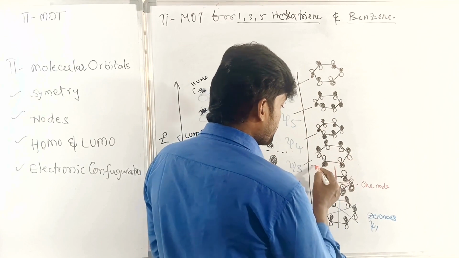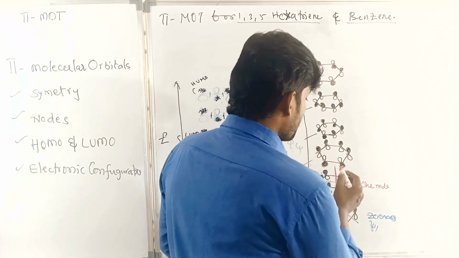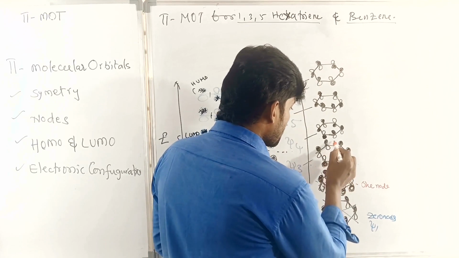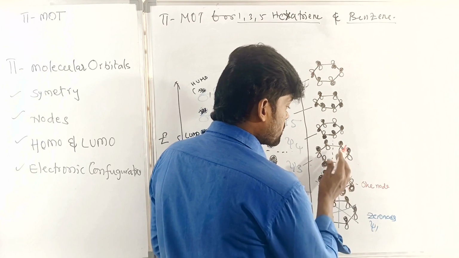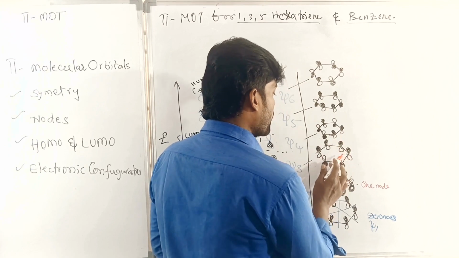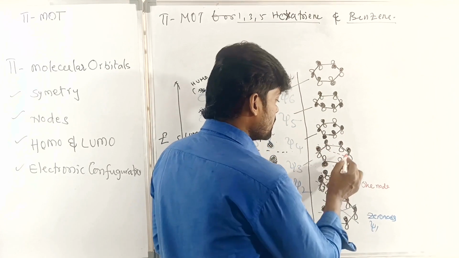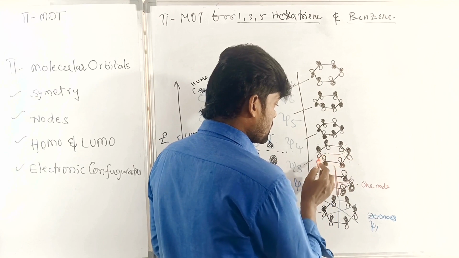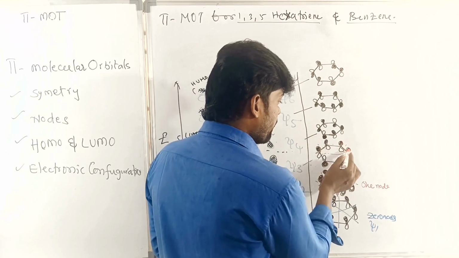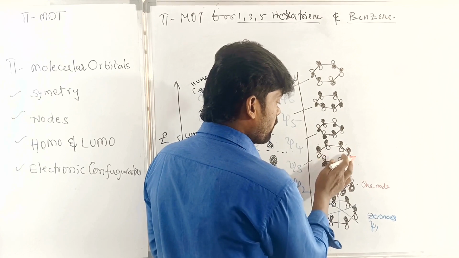So coming to Psi3. If we use this axis, we cannot divide them into two parts. If we use this axis, we cannot divide this into two halves either. With respect to this axis, we are also not able to cut them into two different parts.